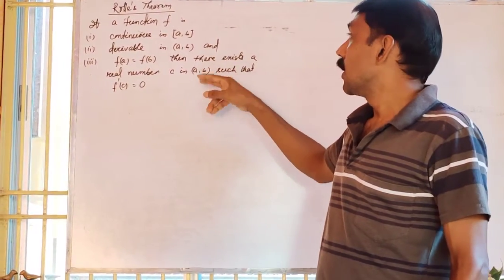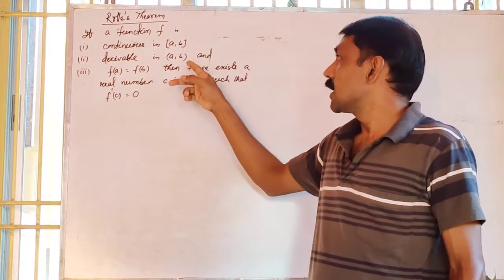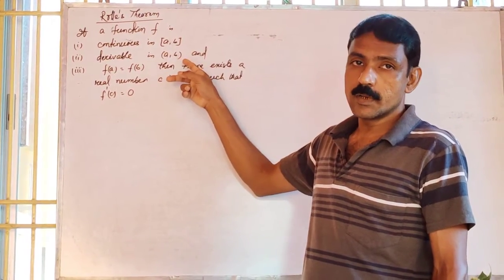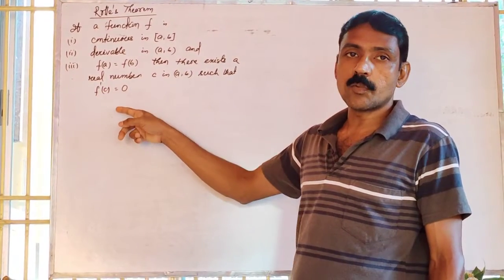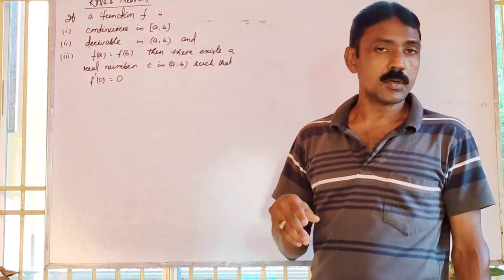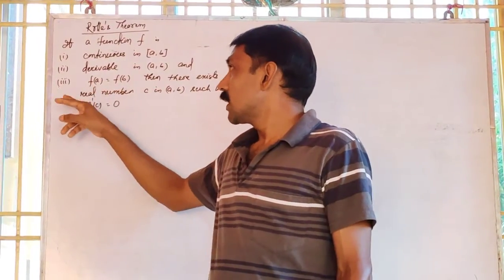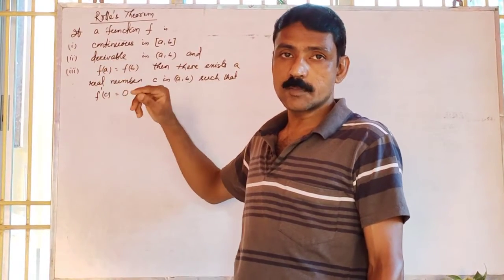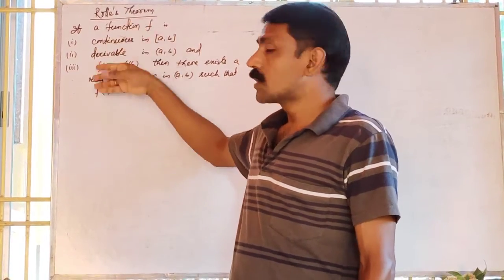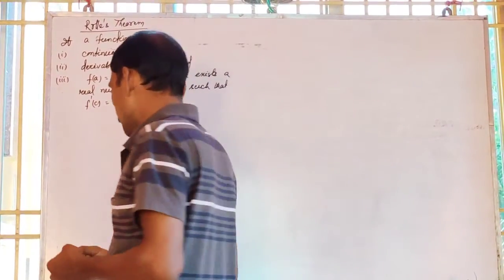Then only there will be a real number c lying in the open interval (a, b) so that the value of the derivative at that point will be equal to 0. This is Rolle's theorem. And if any one of these three conditions is not satisfied, then Rolle's theorem cannot be applicable for that function.